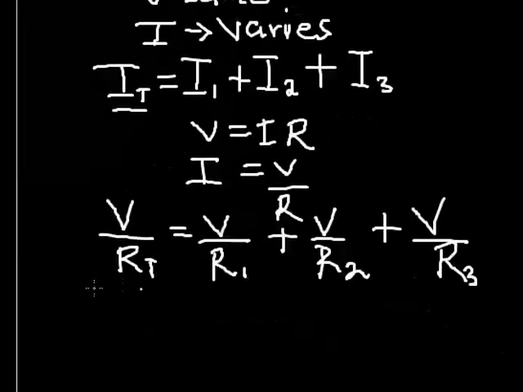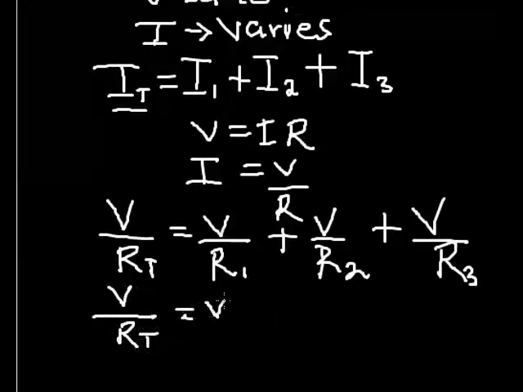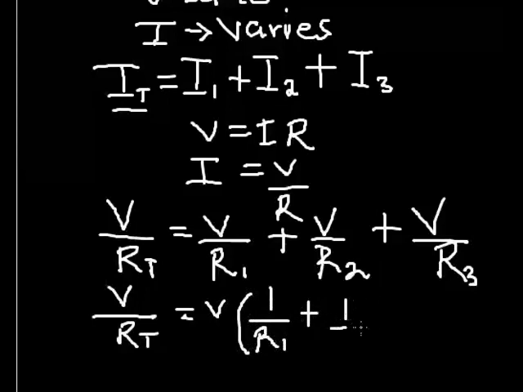Of course, knowing that V is common and is the same, I can always factorize it. I'll take it out as a factor, open a bracket, then I have 1 all over R1 plus 1 all over R2, then 1 all over R3.